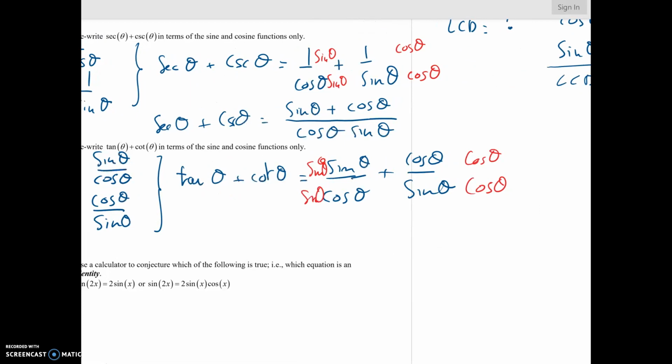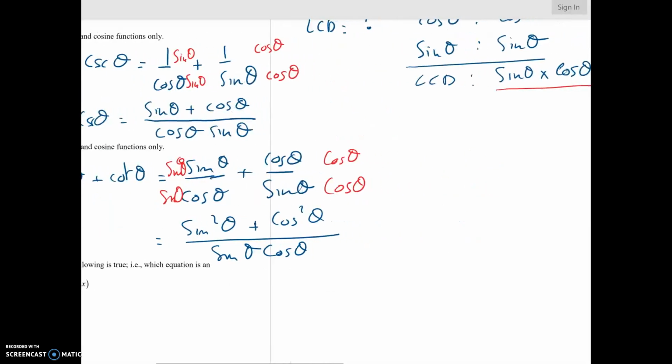Therefore, I end up to have sine squared theta plus cos squared theta over sine theta cosine theta. But I know that sine squared theta plus cos squared theta equal 1. So the answer is going to be 1 over sine theta cosine theta.